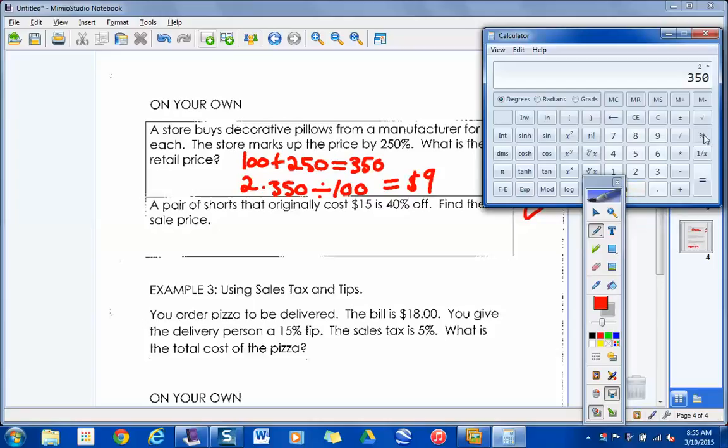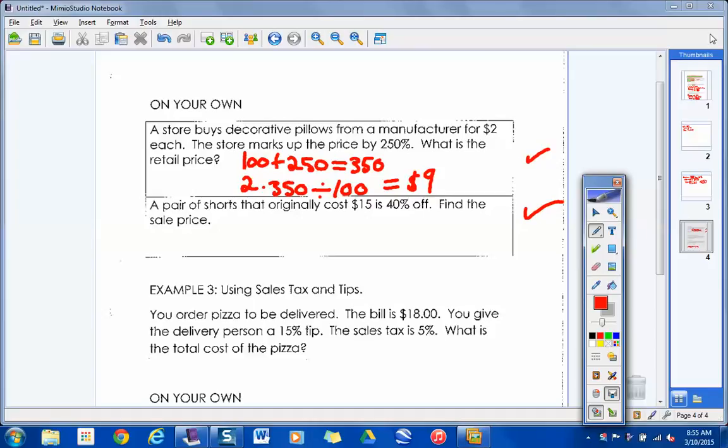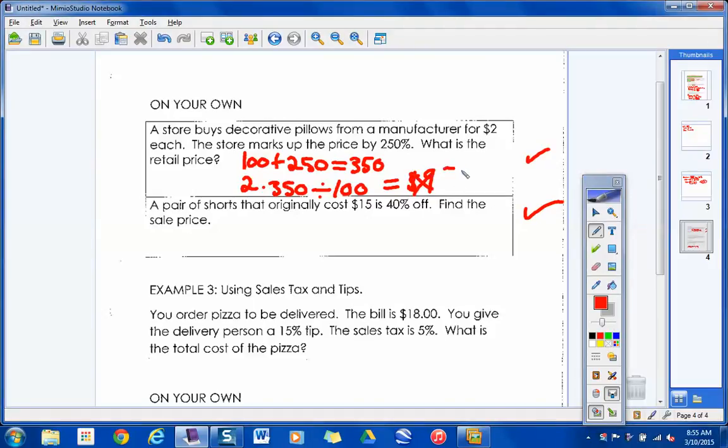Hit it again. Divided by 100. Equals. Oh wait, that's what I had. Never mind. Did you read the bottom answer maybe? So what should that answer be there? $7. I'm going to add $7 on that one. There we go. Excellent job.